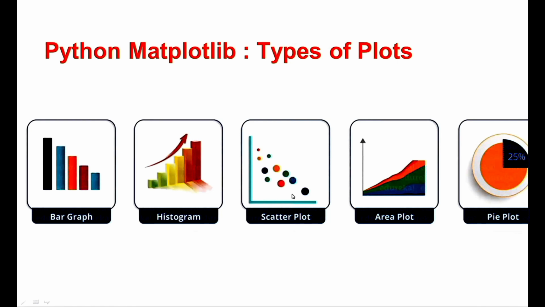In this, each variable is shown by how much it is scattered in that particular area, right? Next is the area plot. An area plot is basically used to show the area of a variable, right? And the next one is a pie plot. A pie plot tells the particular percentage of a variable, right?